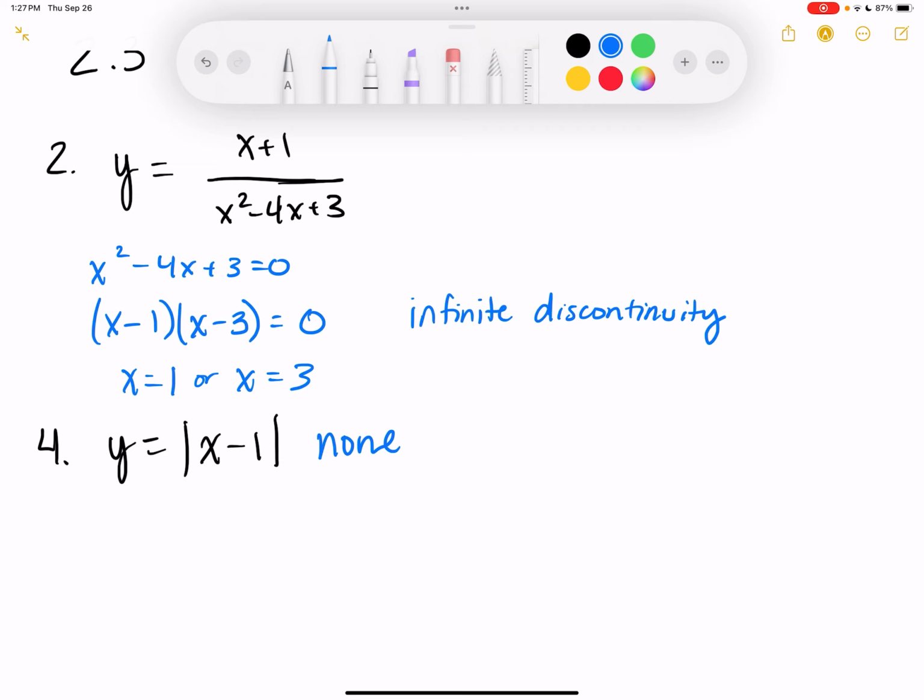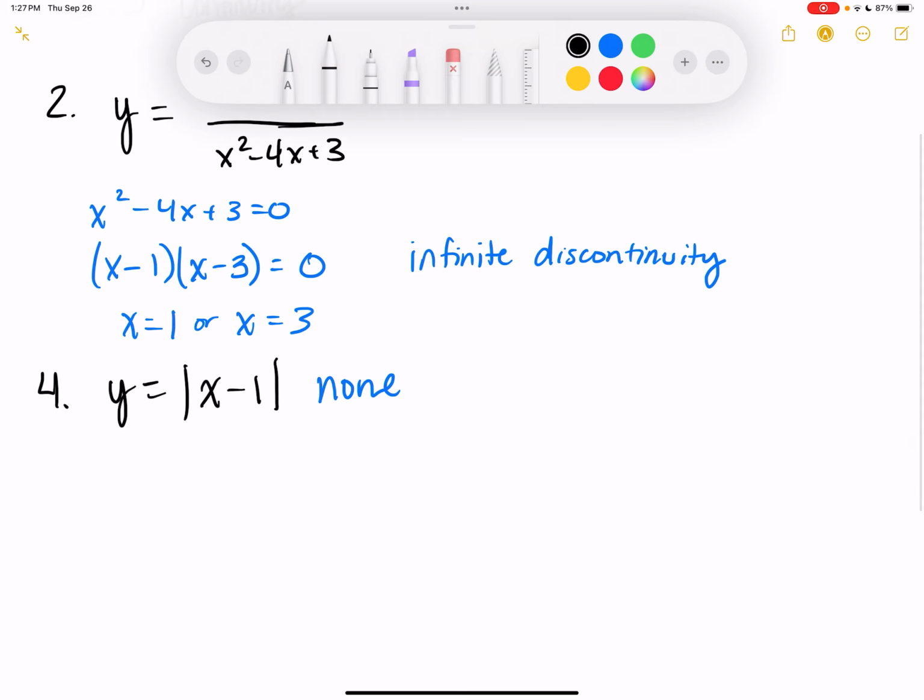I was checking something to verify that my answer was right, for a later problem we're gonna do. Let's see, 6. Y equals the cube root of 2x minus 1. What does a cube root graph look like?